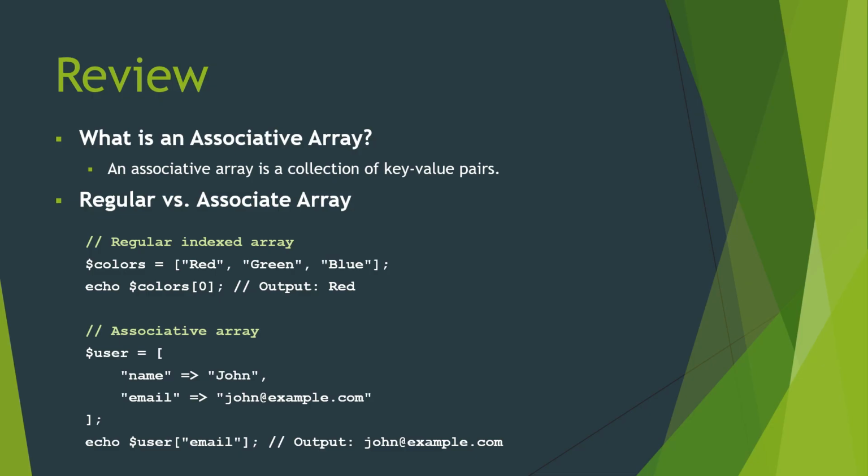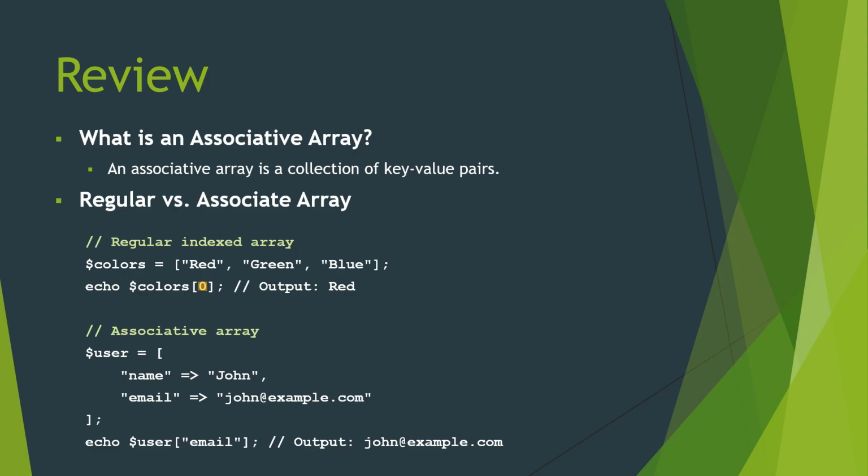In our demo today, when we build our dashboard for our event app, we're going to be using an associative array. Just a little recap of that: an associative array in PHP is a collection of key-value pairs. Instead of using a numeric index, like in a regular array, associative arrays use named keys.